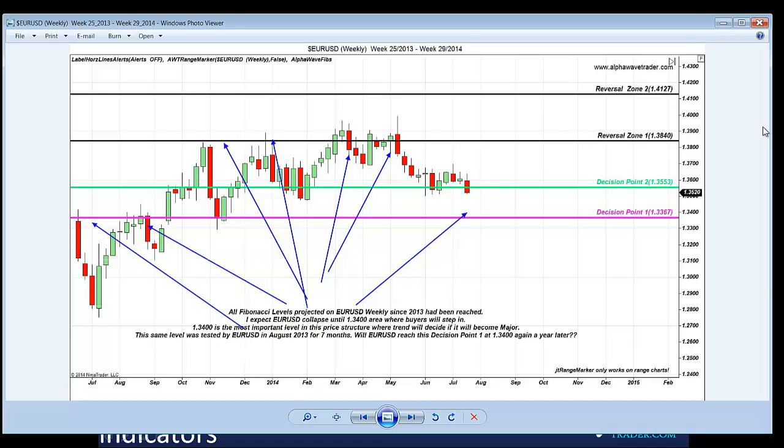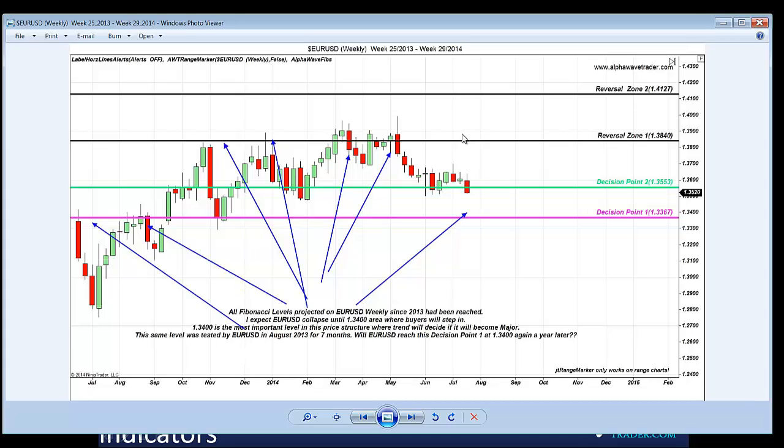The crucial rule you learn in the course: price comes to reversal zone, you exit your long position and you never get tempted to acquire a long position. Not something you ever should do. If you enter a position into alpha wave trader proprietary Fibonacci reversal zone, your success rate is 20%.